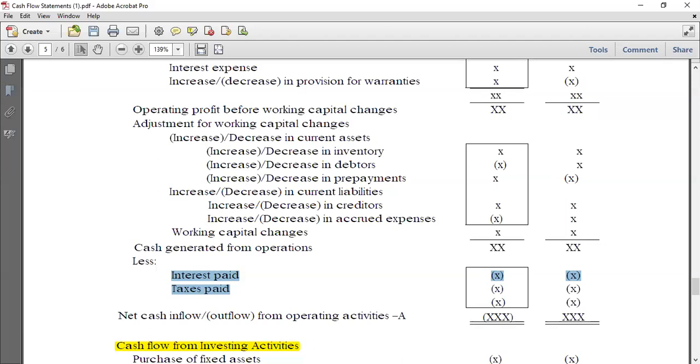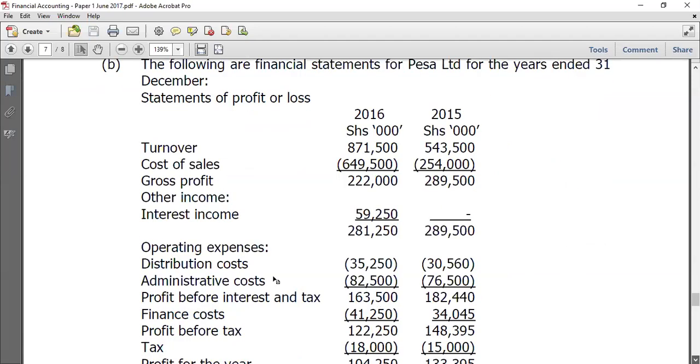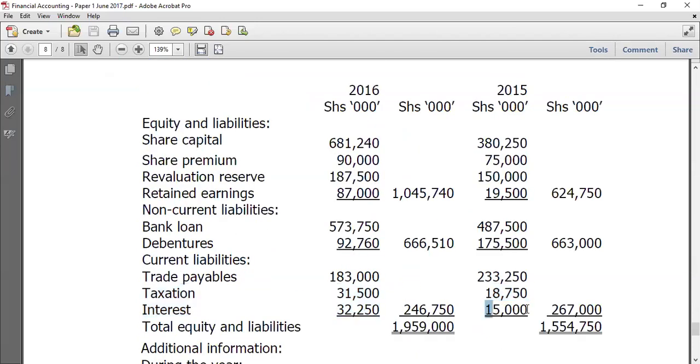So to determine our taxation and interest that was paid, remember this is the taxation and interest that was pending at the period. But it's not only this, we also have what we started with at the start of the year. When we were ending 2015, we also had 18,750, and then we also had 15,000.